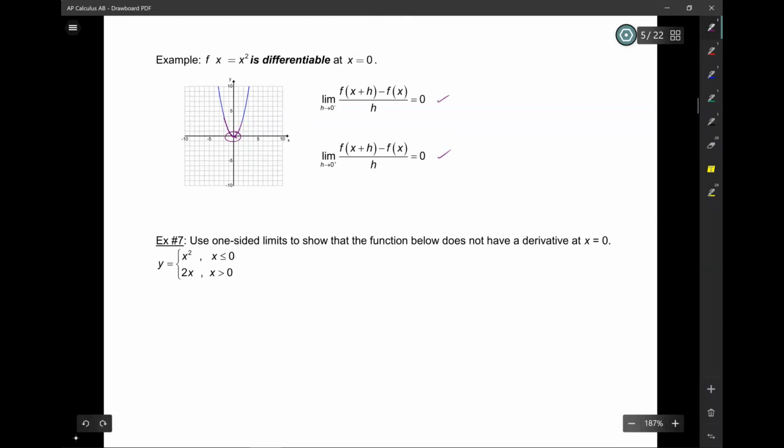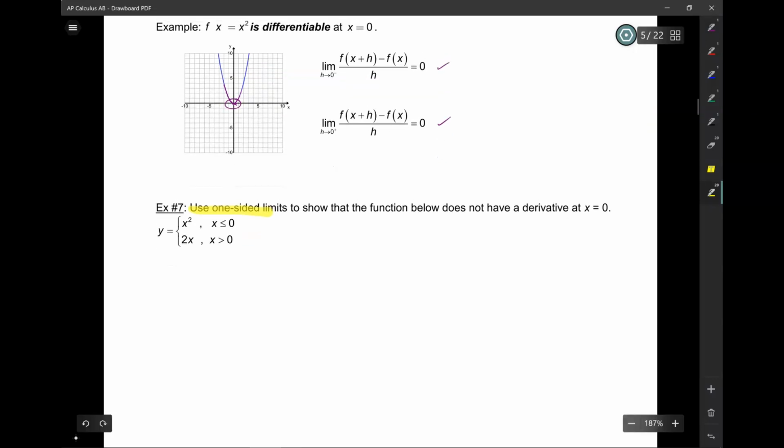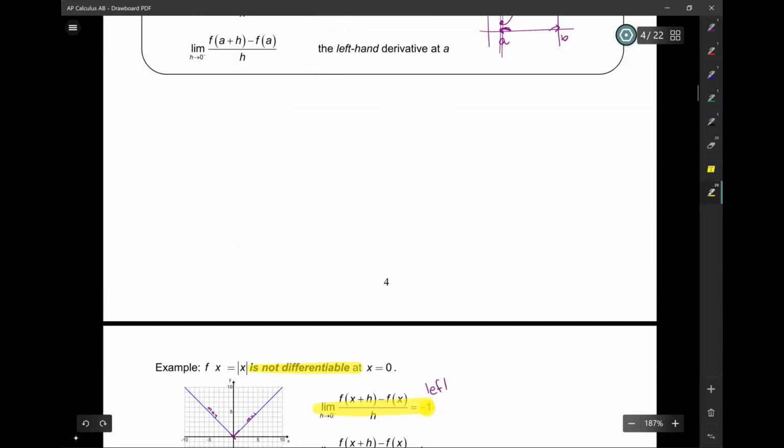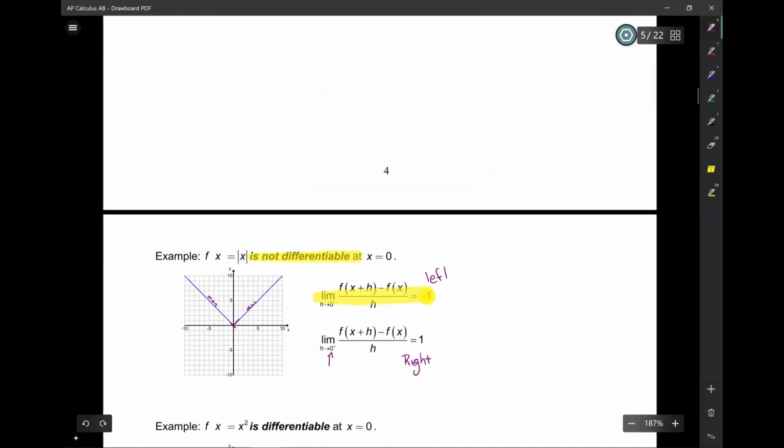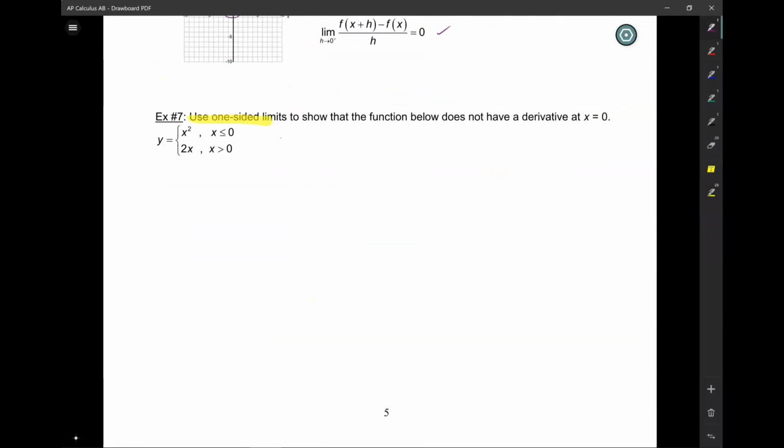All right, so let's apply that to this one. We're going to use one-sided limits to show that the function below does not have a derivative at x equals 0. And we're going to use these formulas here. Okay, so I'm going to say the limit as h approaches 0 from the minus side of f of a plus h minus f of a, over h.